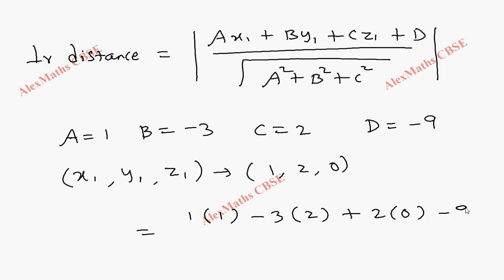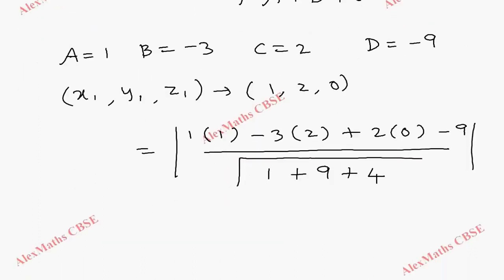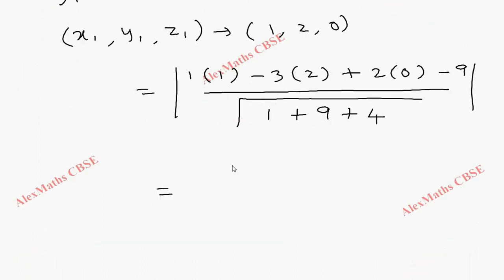And the last value d is minus 9 whole divided by root of a square plus b square plus c square, and we have to take a magnitude because the distance cannot be negative. So this is 1 minus 6 minus 9 whole divided by root 14 within the magnitude.